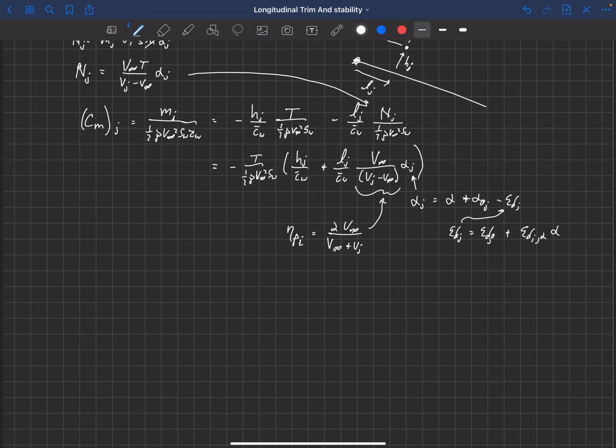Let's just go to our cm of j now, that the pitching moment coefficient of this jet is going to be equal to some pitching moment at 0 angle of attack plus the change in pitching moment with respect to alpha of the jet times alpha.